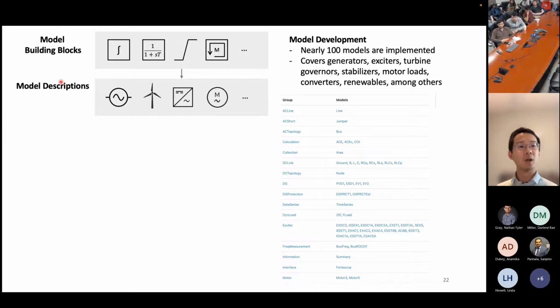Using those model building blocks to develop models, we have developed nearly 100 models that include generators, exciters, turbine governors, stabilizers, etc. This is just a screenshot of the names of the models we have implemented.